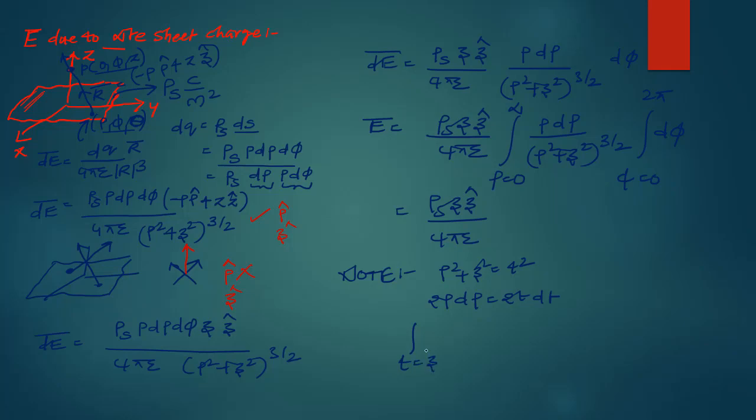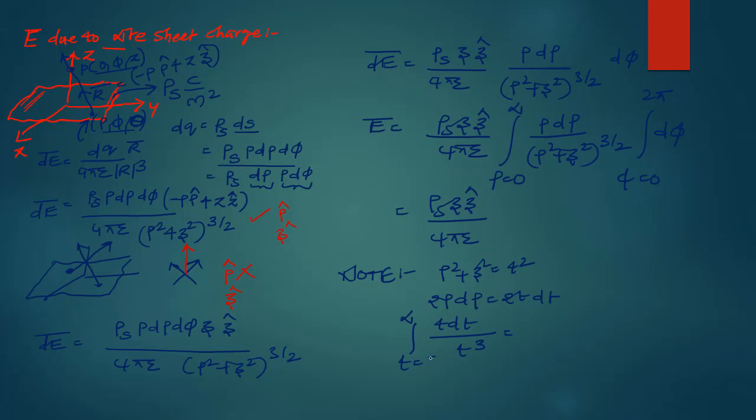If rho is equal to infinity, t is equal to infinity. And the numerator rho d rho means t dt, and rho square plus z square means t square, but with power 3 by 2 you will get t cube. It is overall 1 by t square.